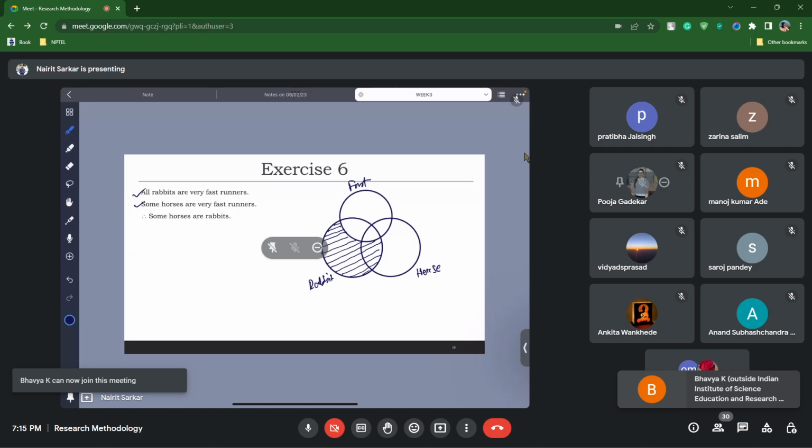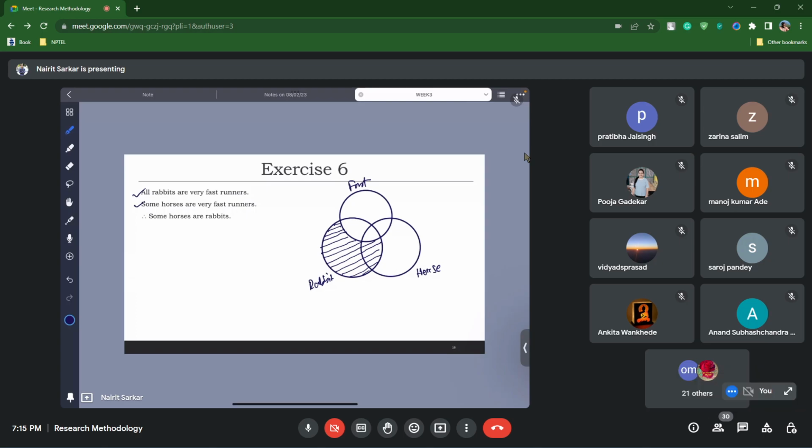So we shade the area, that is some horses are very fast runners. So where should I put X? 1, 2, 3, 4. Where should I write or mark X?